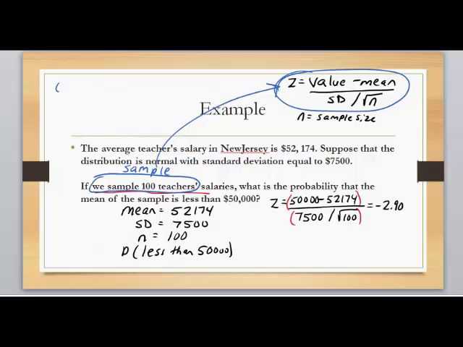In my calculator screen, I opened a parenthesis, and then I typed in the 50,000 minus the 52,174, and then I closed the parenthesis. And then I pressed the divided by key, and I opened another parenthesis. And then I did the 7,500, and then I did divided by. 99% of the problems that I have students have with this calculation is that they forget this divided by.